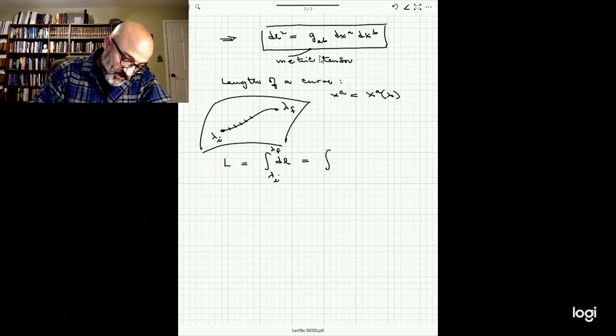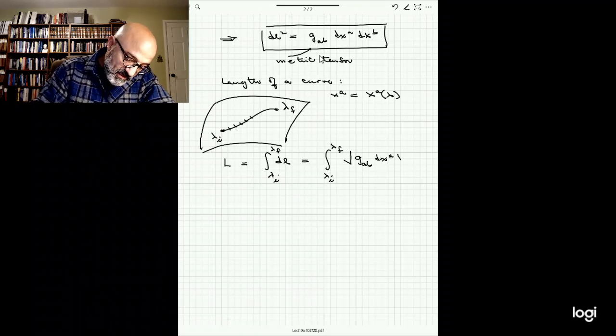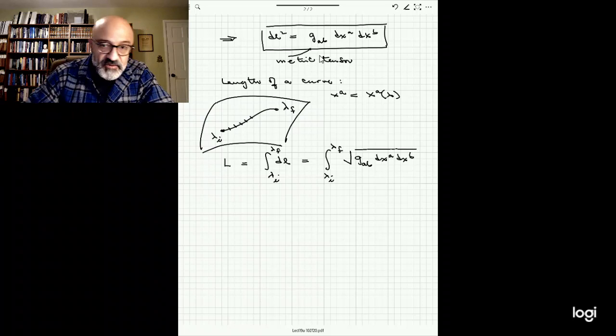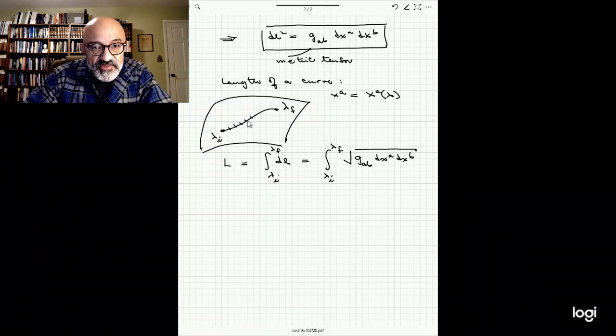The way we do this is we take the dl, which is the square root of dxa dxb, and we integrate from the initial point to the final point.